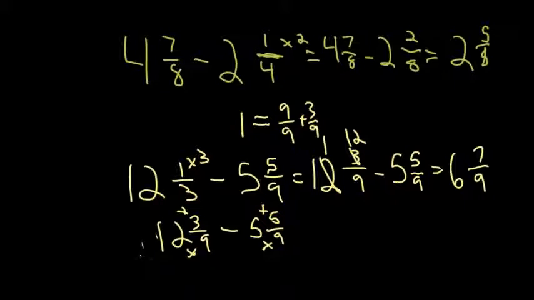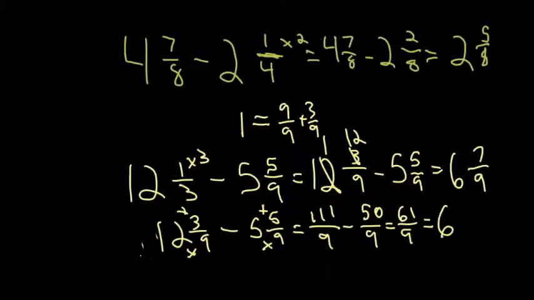So 90 plus 18 is 108, plus 3 would give me 111 over 9. And then 9 times 5 is 45, plus 5 is 50 over 9. Subtract 111 minus 50 would give me 61 over 9. 9 will go into 61 6 times, which is 54, and then 61 minus 54 gives me 7 left over 9. So I got the same answer. One I used borrowing, one I used improper fractions.